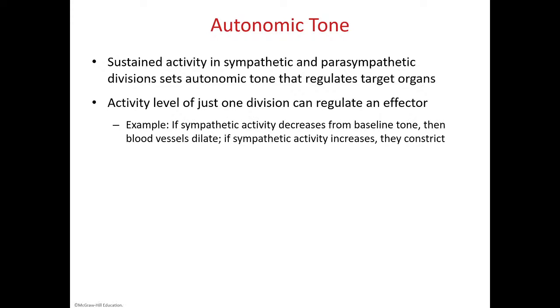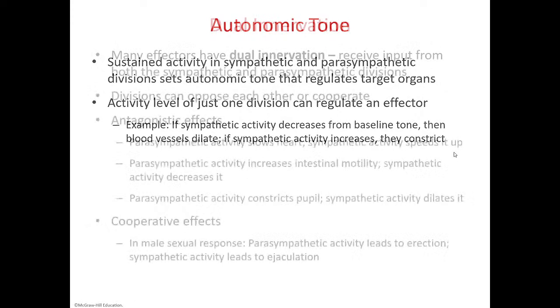All right. If sympathetic activity increases, on the other hand, we're going to see sympathetic activity take over. So the example here are blood vessels. If sympathetic activity decreases, the blood vessels dilate, and if it increases, they constrict.